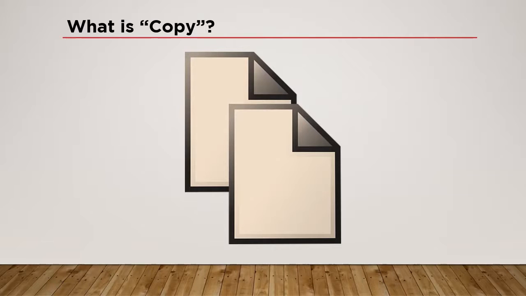Well, what would you do? Well, you would take that paper to a copier machine where you would lay it on the glass and press the copy button, and when you're finished, you would have an original and a copy. Well, that process is very similar to what we're going to do in Excel.